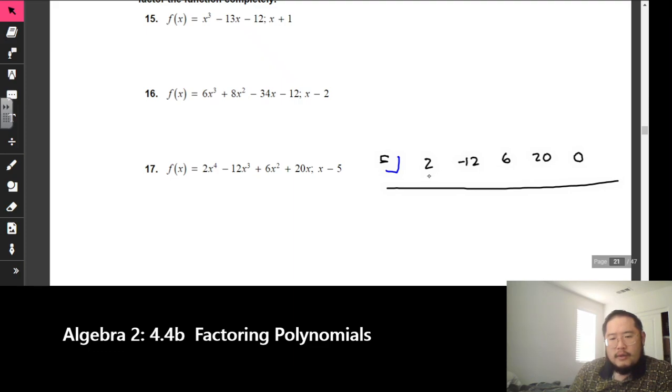All right, so we go through the steps. The 2 comes down. And then we got 2 times 5 is 10. Don't forget we are adding once again in synthetic division. So negative 12 plus 10 is negative 2. 5 times negative 2 is negative 10. 6 plus negative 10 is negative 4. Negative 4 times 5, negative 20.